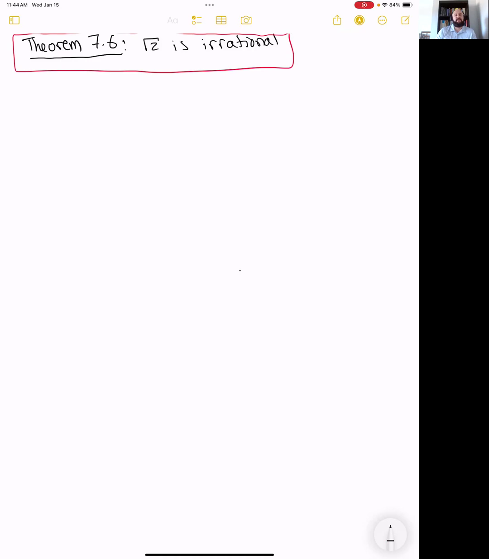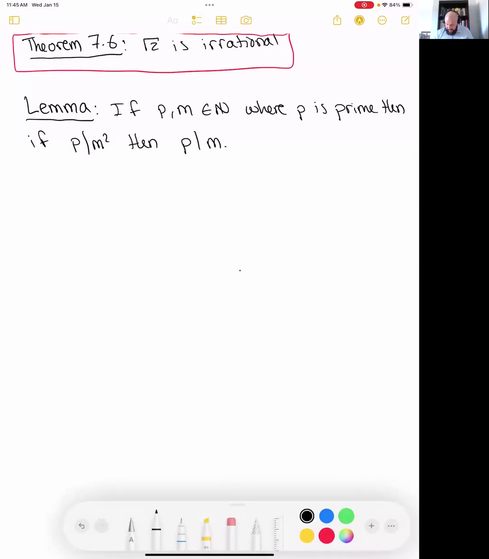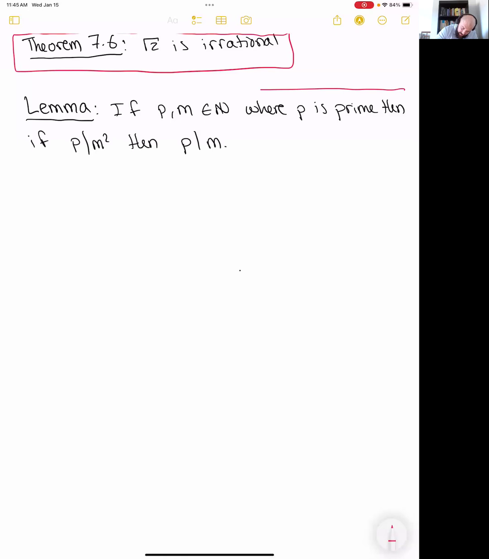Now, for this, I want to introduce a common technique, which is we're going to prove a lemma first. So what's the lemma? If P and M are natural numbers where P is prime, then if P divides M squared, then P divides M. Okay, now this is actually more generally true than what I have here, but this is what we're going to need in the proof.